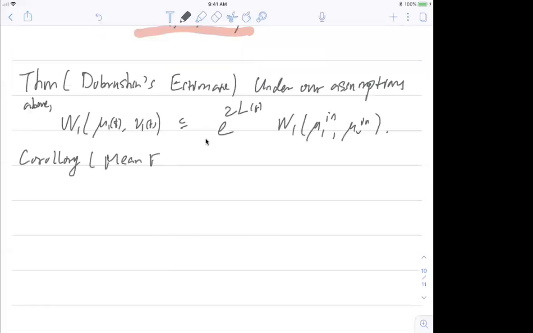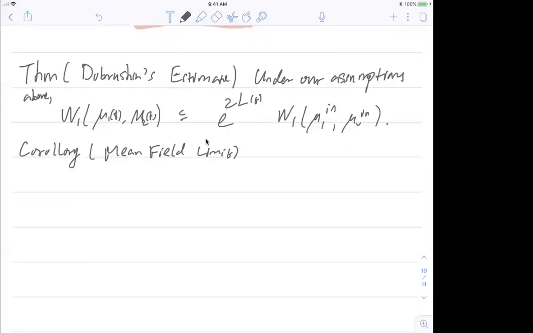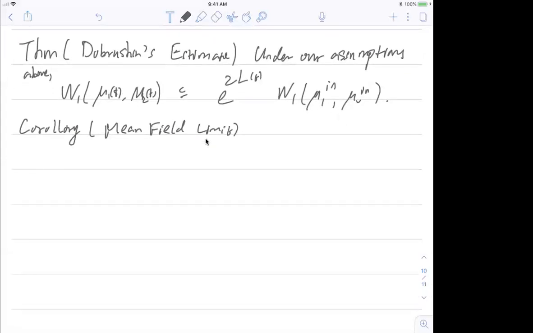So I just say a few words. Now, what is the mean field limit?